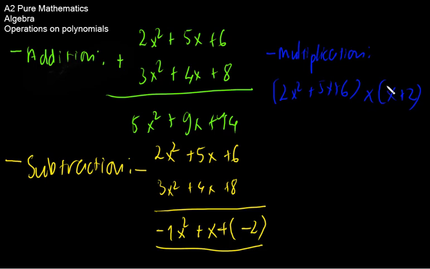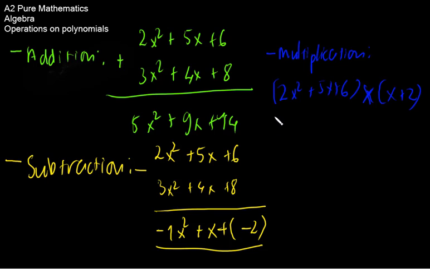Basically, the way you do it is just the same as the way you multiply variables. You just take each and every term on this side and multiply with the x, and then each and every term on this side multiply with 2.